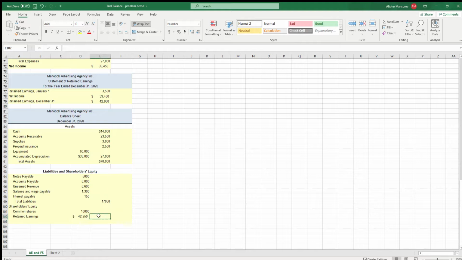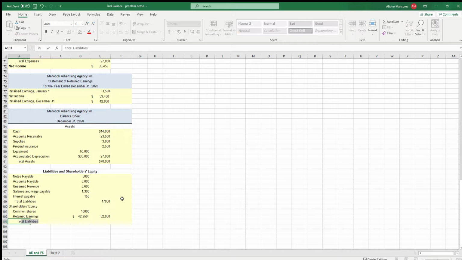Alright, and the total shareholders' equity is the sum of the two here. And that is $52,950.